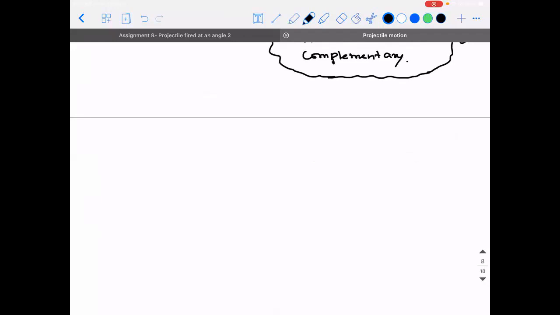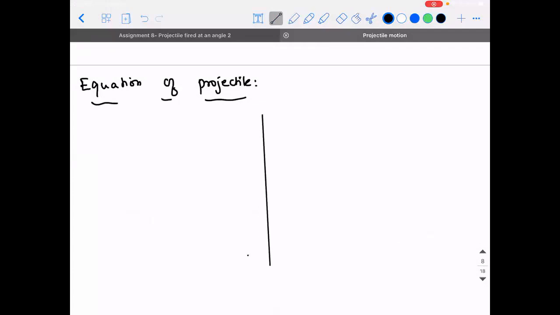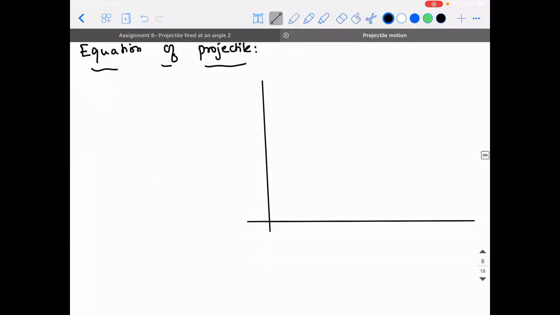Yes, sir. Now the next topic is called equation of projectile. So we are going to derive a mathematical equation for this projectile. If I take this as x, this as y, we will derive the mathematical equation for it.